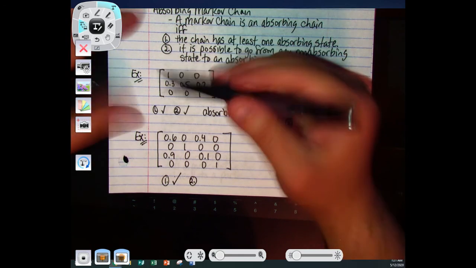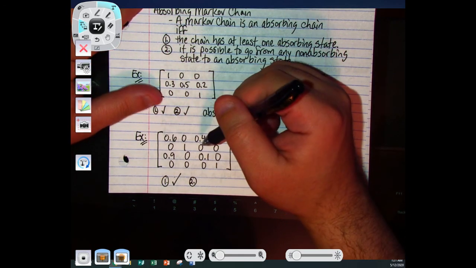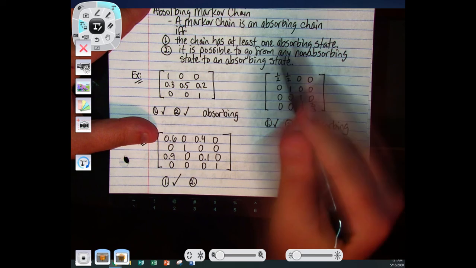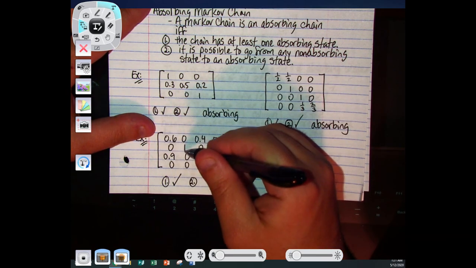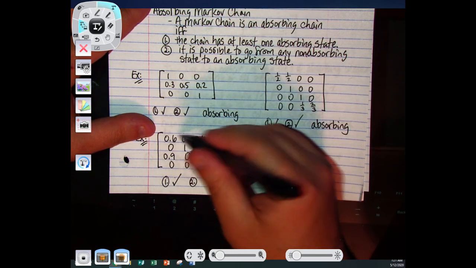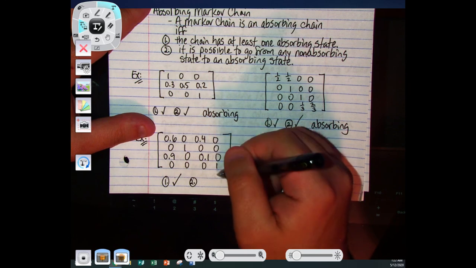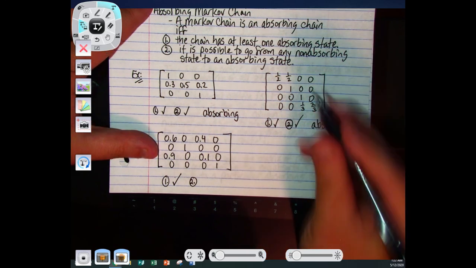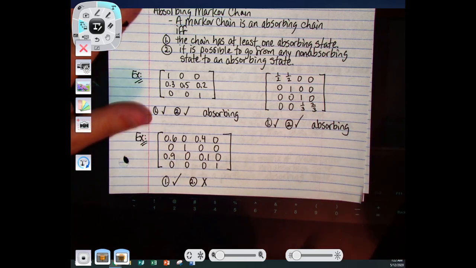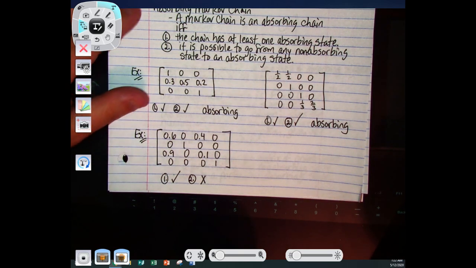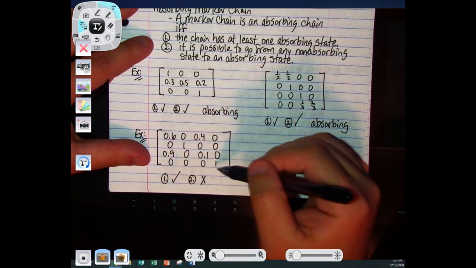Now, if I look at state 1, so that's row 1, is it possible to go from 1 to 2? The answer is no, that's a 0. Is it possible to go from 1 to 4? The answer is no, that's a 0. And even then, we can check the bottom row.